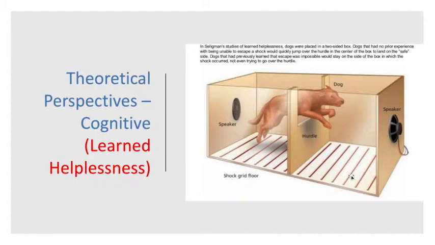And of course, as you can probably imagine, the dogs that learned that you can escape the shock by jumping to the other side were way more likely to do that than the dogs that had learned that there is no escape from their shocks. In fact, the dogs that have learned that there is no escape just simply took the shock and whimpered. It's obviously very, very sad to hear that about dogs, but that was the zeitgeist of doing animal-related research at the time.